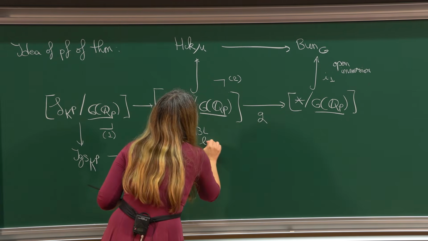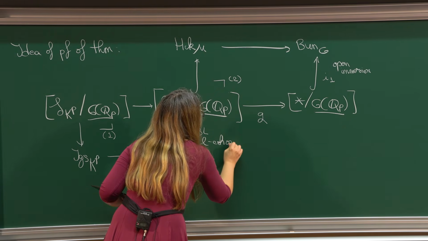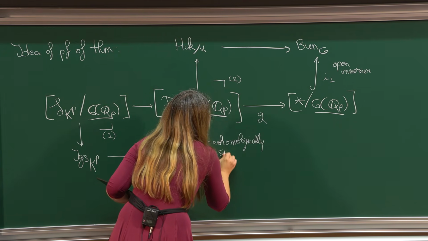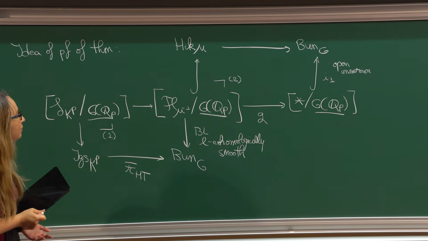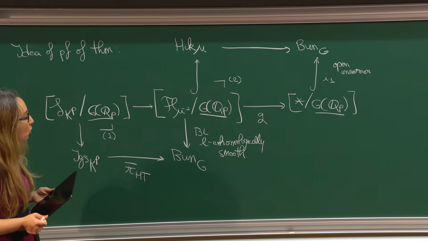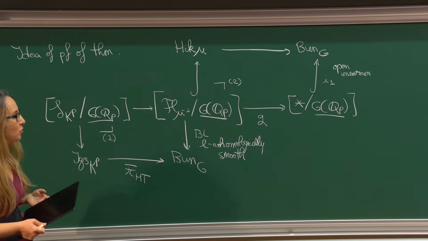And this map, it turns out one can also prove that this map is l-cohomologically smooth. The usual notion of smoothness doesn't make sense because you don't have differentials in this world. But there is a notion called l-cohomologically smooth, for which one can prove smooth base change.